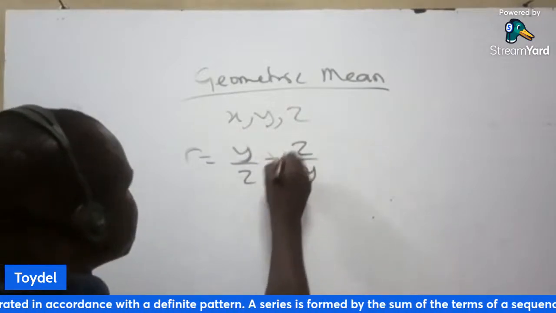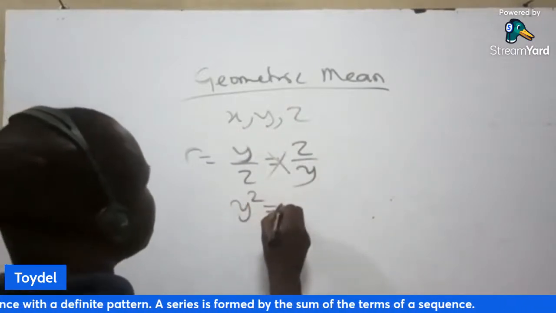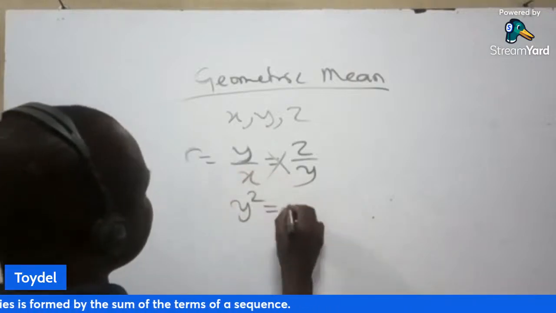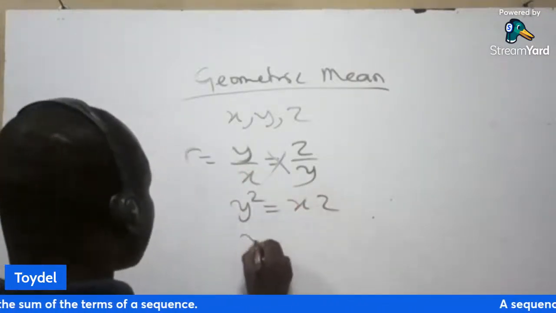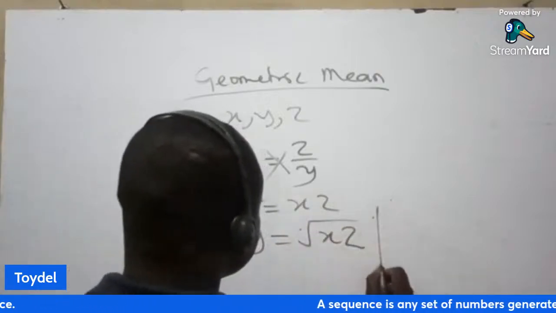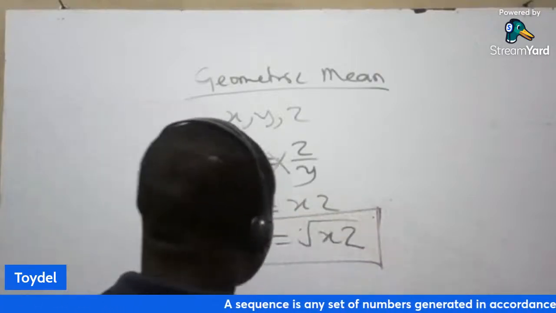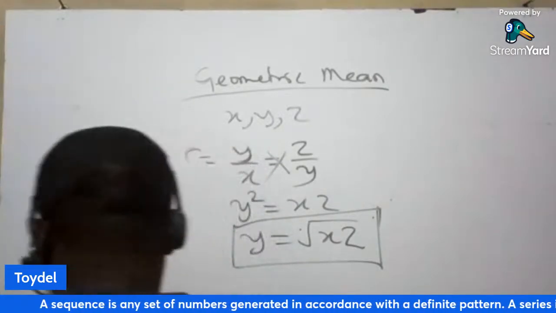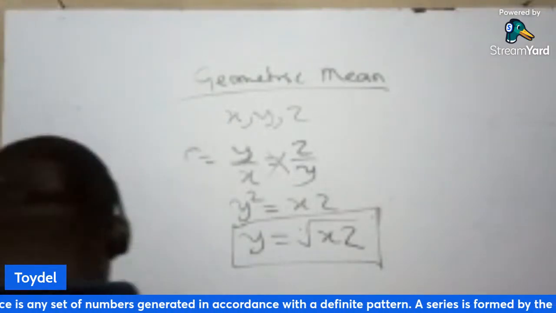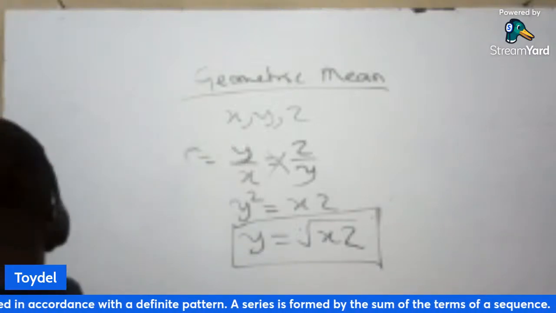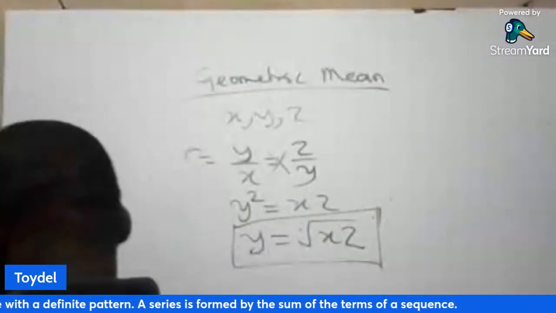So if we cross multiply here, we have y squared to be equal to xz. Then if I take the square root of both sides, y in this case will now be square root of xz. So this is the formula to find the geometric mean. Let's take note of it.